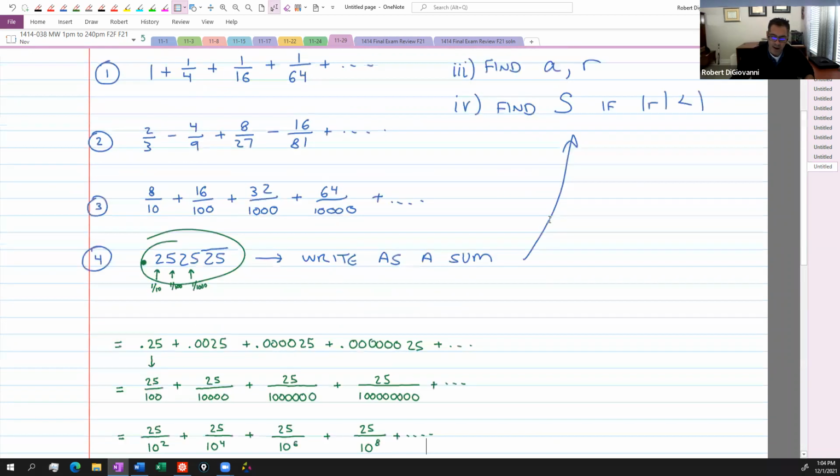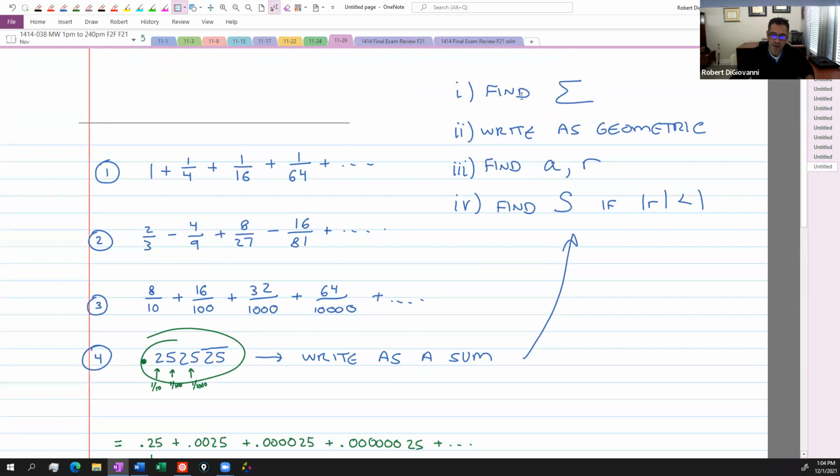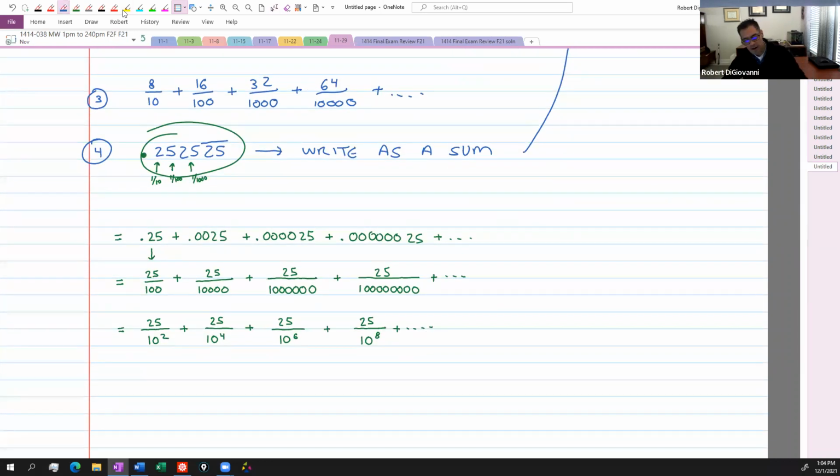So I'm going to now try and turn this into a sigma notation, all right? Because the whole idea here is to try and get this to look like this geometric series: sum n equals 1 to infinity of a times r to the n minus 1.